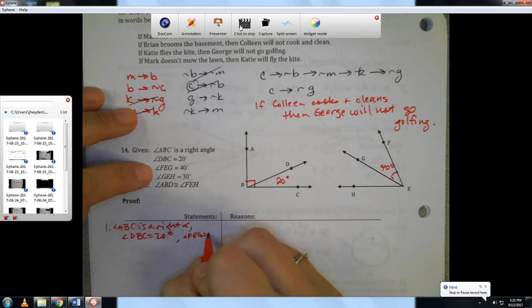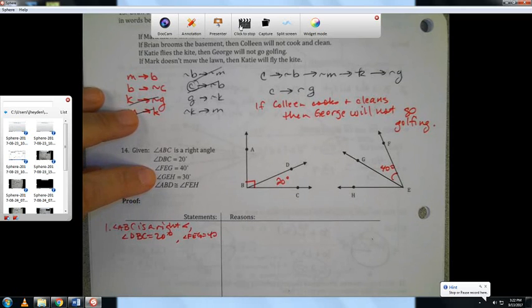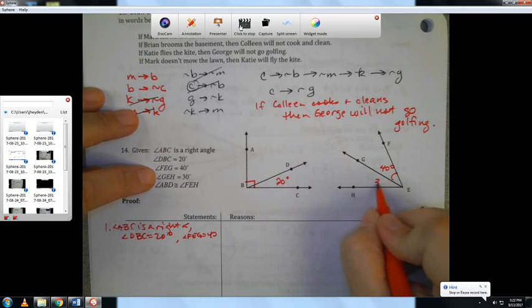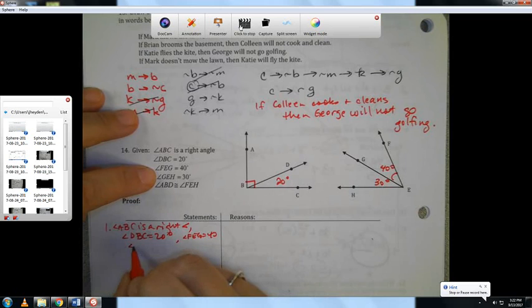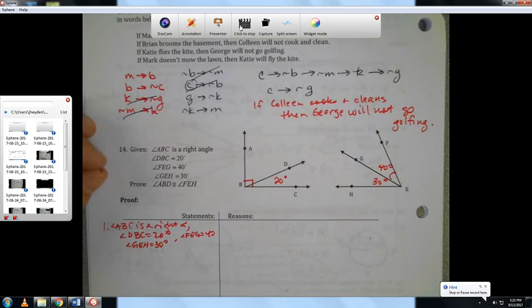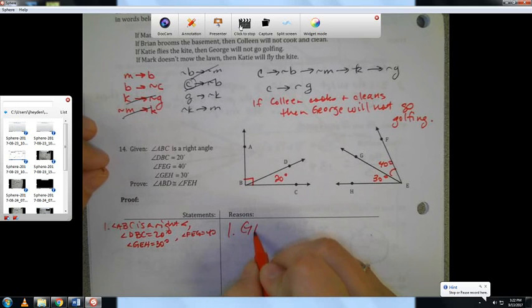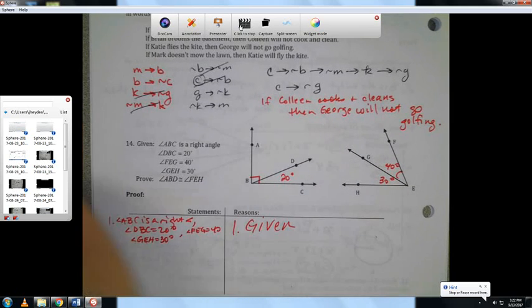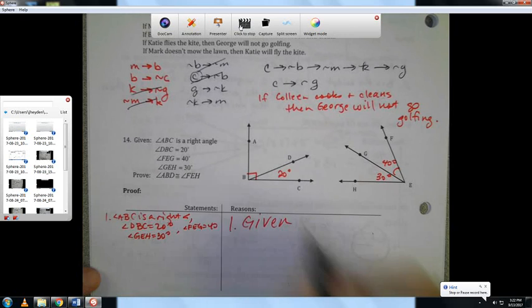And GEH is 30. Alright, all that's given. So, prove ABD is congruent to FEH.